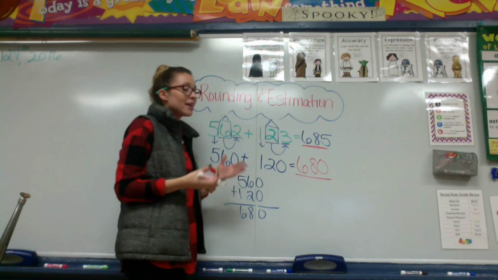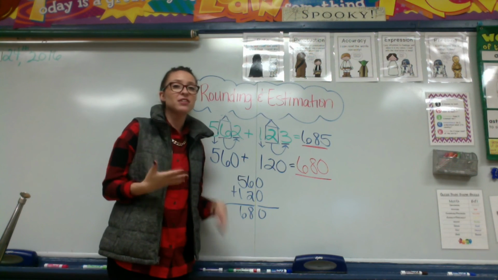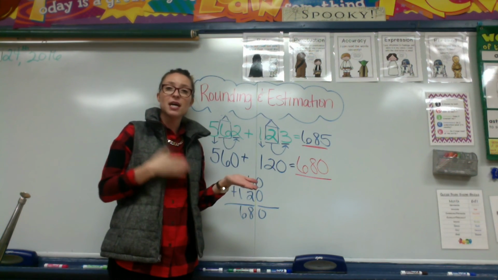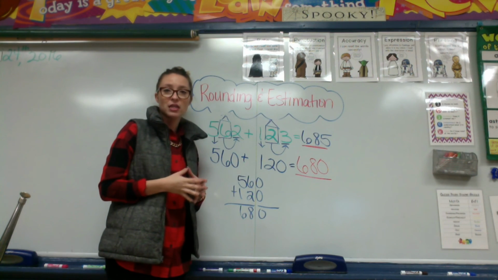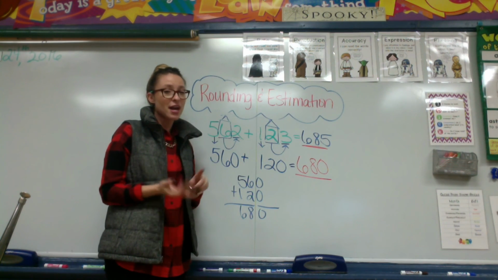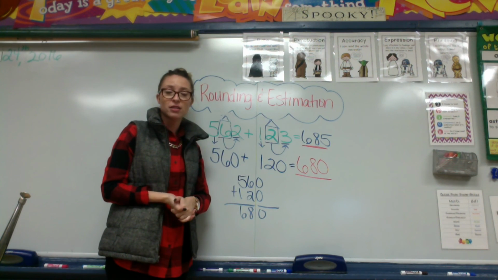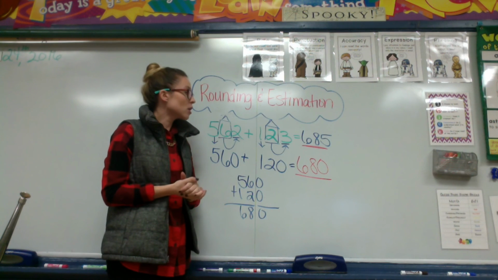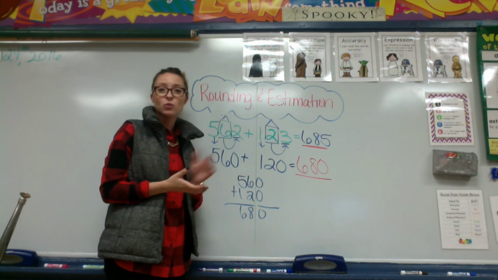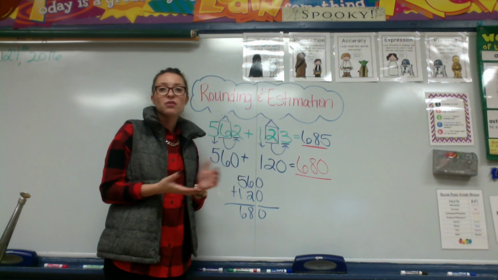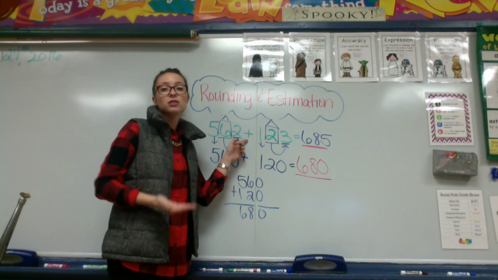Okay, so again, I tell my students in class, if the directions don't specifically say to round to the nearest 10 or 100 or 1,000, then you can go ahead and round any which way you'd like. You just have to make sure that A, you are rounding correctly, and B, that you are adding or subtracting correctly. Now, we are also talking about estimating differences. The steps would be exactly the same as the ones that I've explained here, except for the fact that our math operation would change from addition to subtraction.